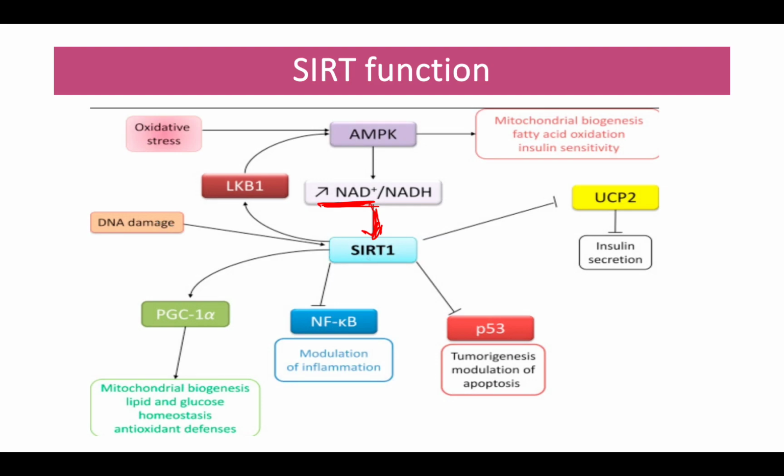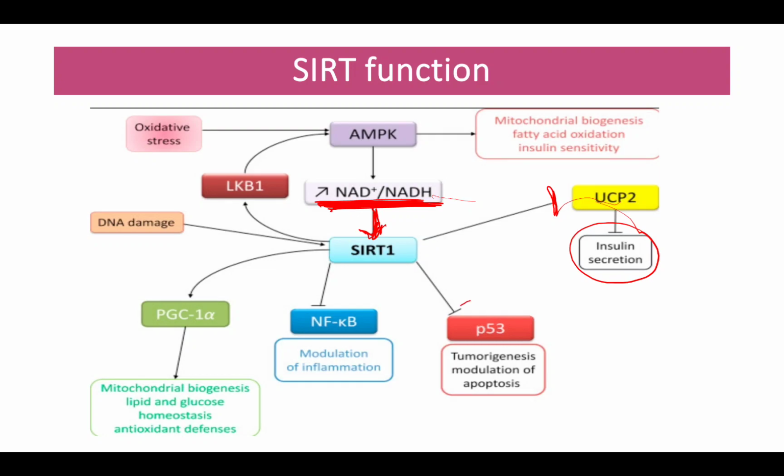The SIRT1 recognizes this damage and goes to repair it. However, if you don't have enough energy, if you don't have enough NAD, this sirtuin cannot do its job. Here, the sirtuin can block the UCP2 and reduce insulin secretion, so it improves insulin sensitivity.